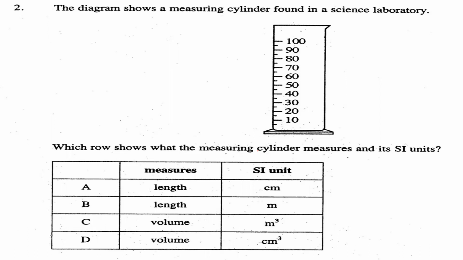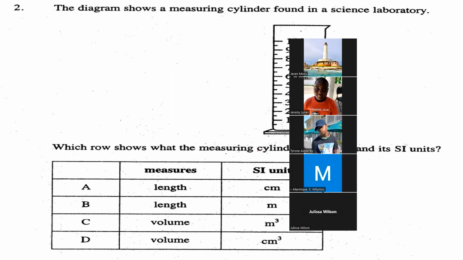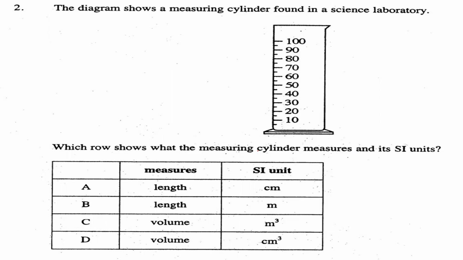I can't see it. It didn't show up on my screen. Oh, maybe your internet is lagging. Miss Sayers, read this question for me, please. The diagram shows a measuring cylinder found in a science laboratory. Which row shows what the measuring cylinder measures and its SI units? Read the options, please.